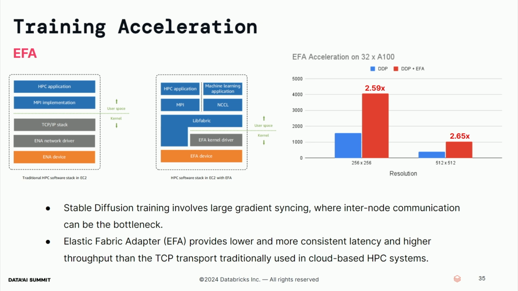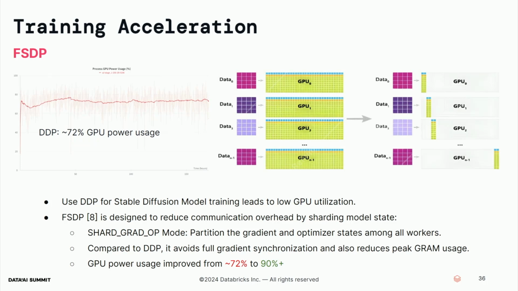As we show on the right-hand side, EFA provides us with more than 2.5 times speed up over the overall training throughput. Apart from the network layer, we also adopt this FSDP strategy to do this large-scale training more efficiently.